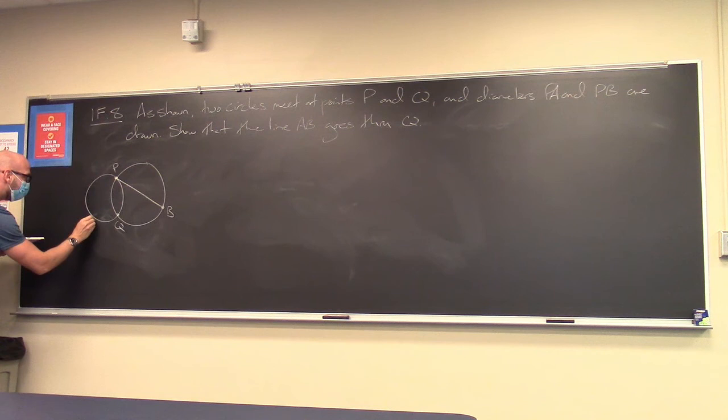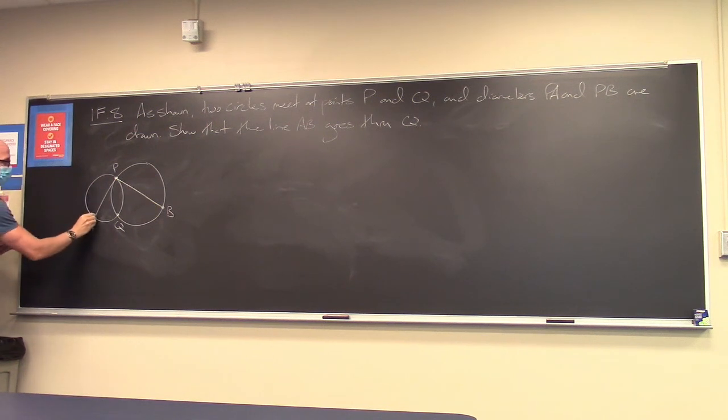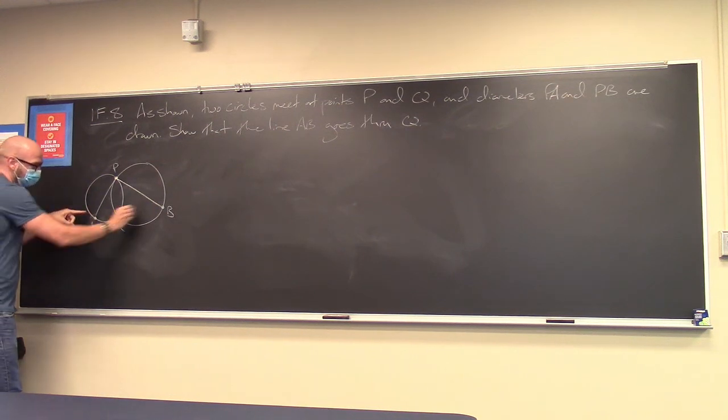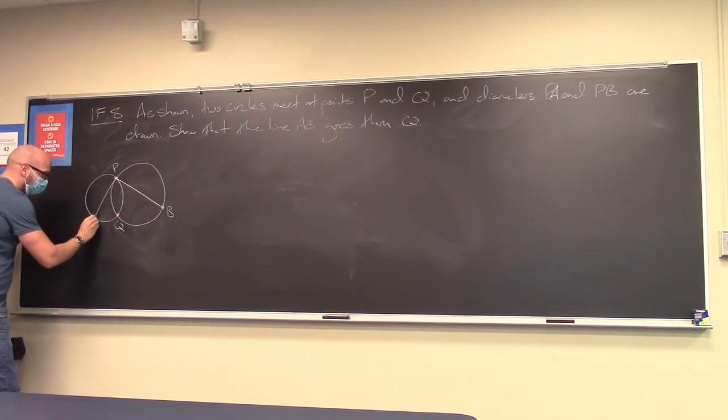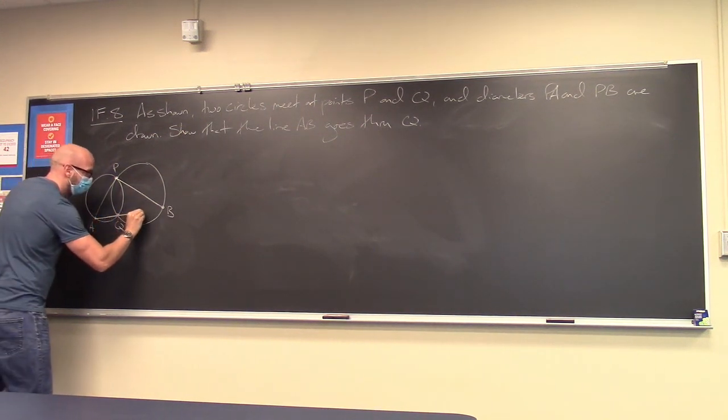And I'll try to make this go through. And here's another diameter of the other circle, PA. The problem is to prove that this line segment here connecting A and B together always passes through Q.